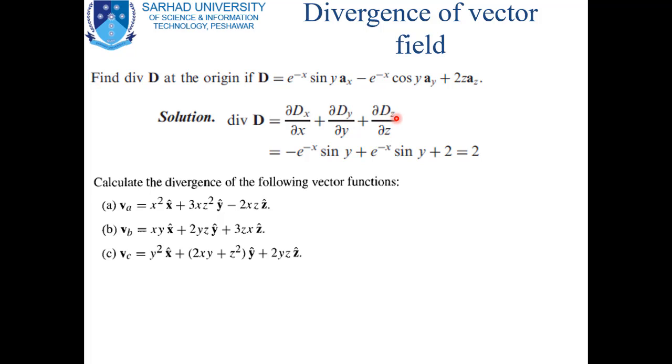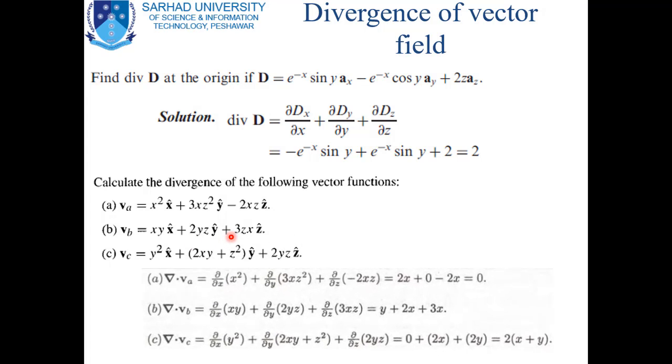Similarly for the others, our answer will be 0 y plus 2x plus 3x, and for the divergence of VC our answer will be 2 times x plus y. So these are the divergences of some vector functions in Cartesian coordinates.